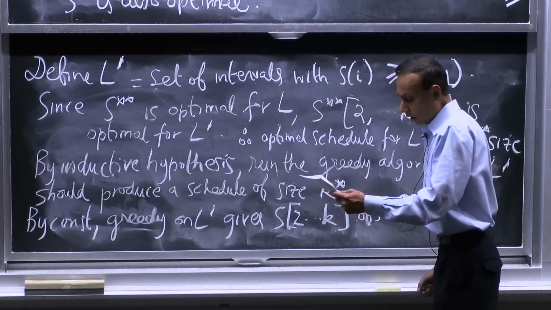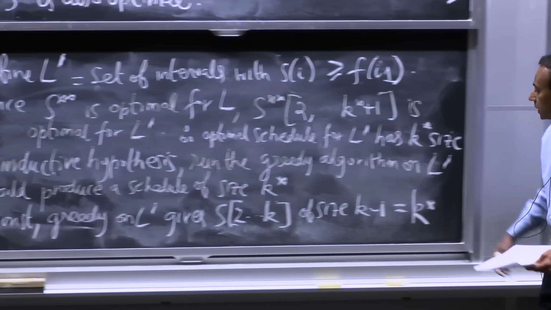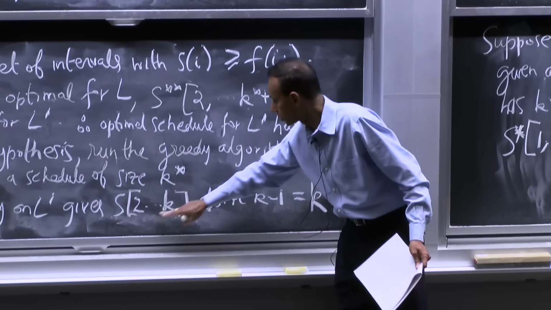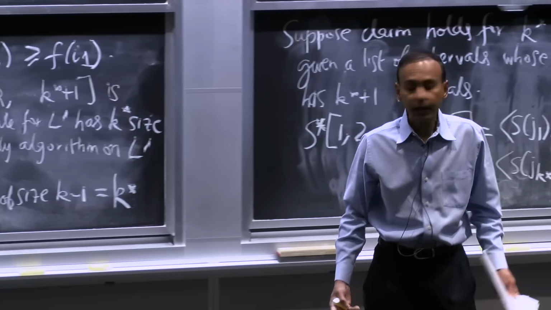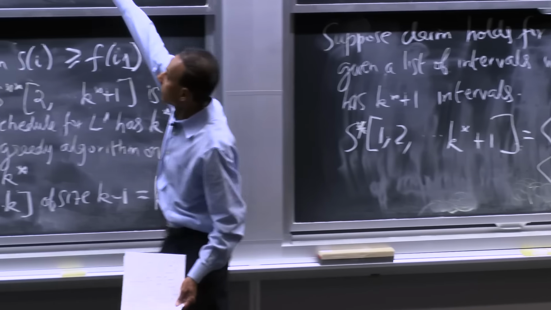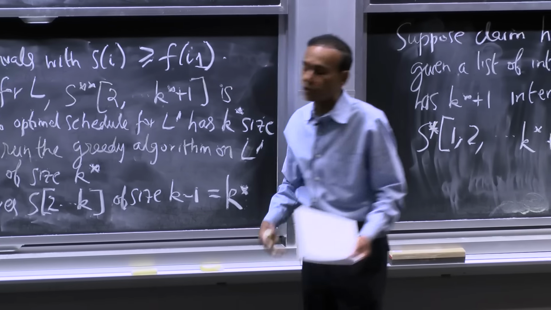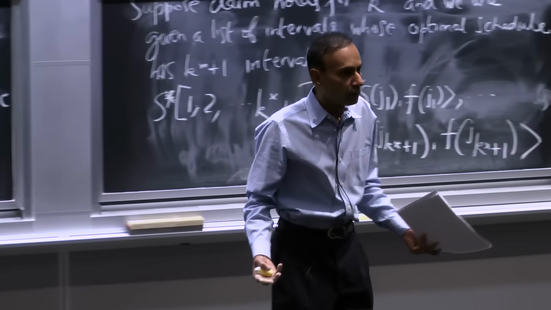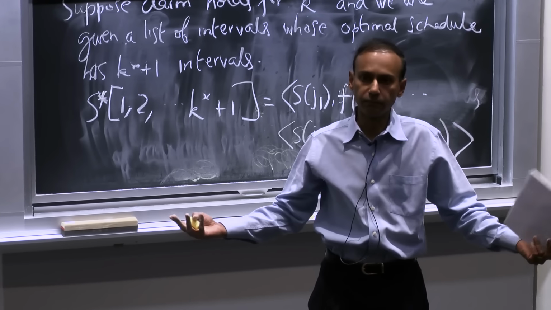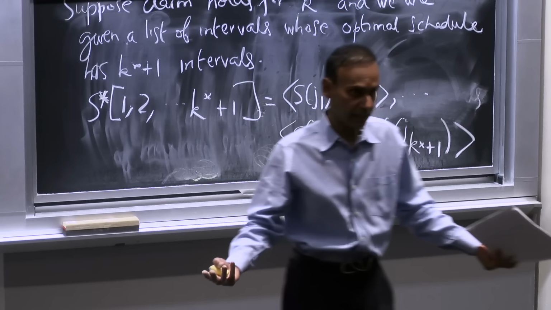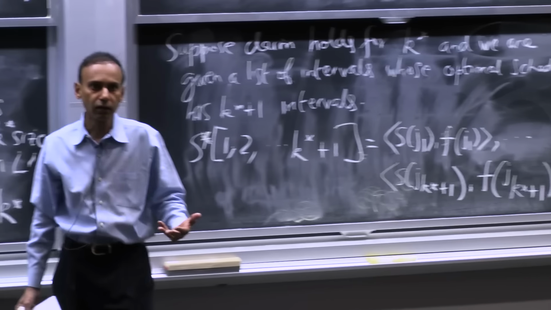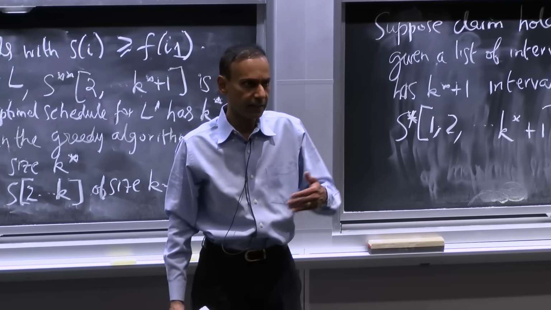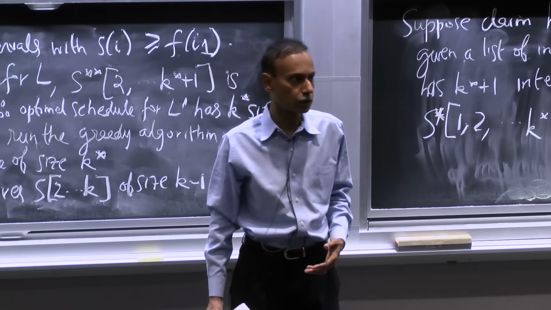So what that means is, given that S2K is of size k star, it means that S1k is of size k star plus 1, which is exactly what I want. That's optimal because I said in the beginning that we had k star plus 1 in our inductive hypothesis case as being the optimal solution.